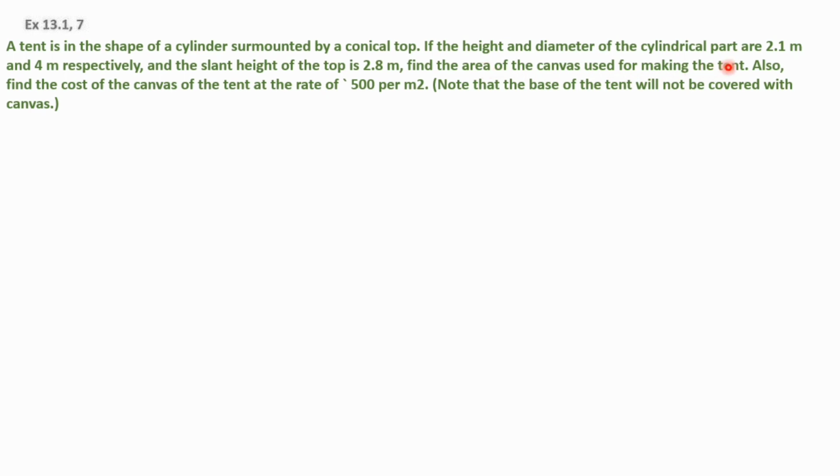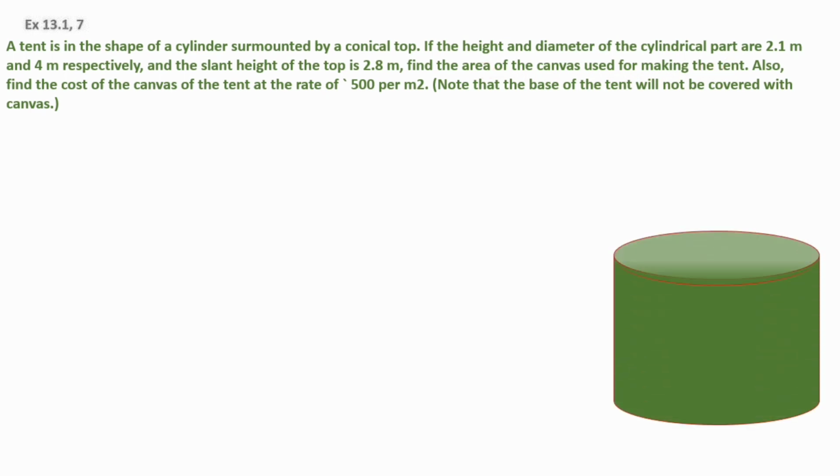Area of canvas in the sense, first of all we have to visualize the tent. Here this is the shape of a tent, and the visible portion is the cylindrical portion, outside portion is visible. That means the curved portion of cylinder is visible, and the curved portion of cone also visible, and this circle will come inside the tent. It is not visible for us.